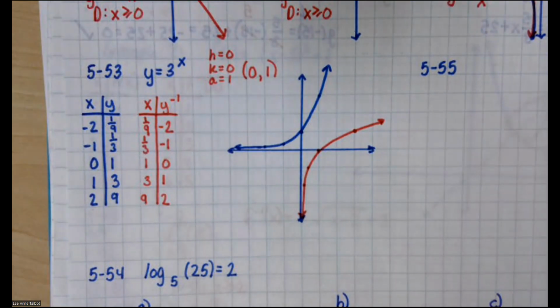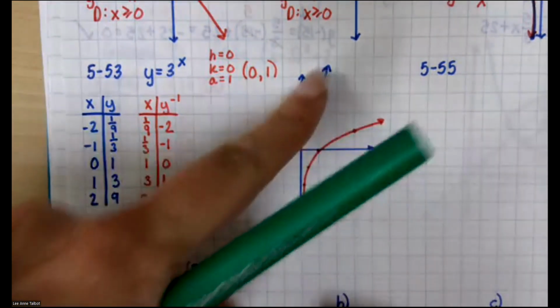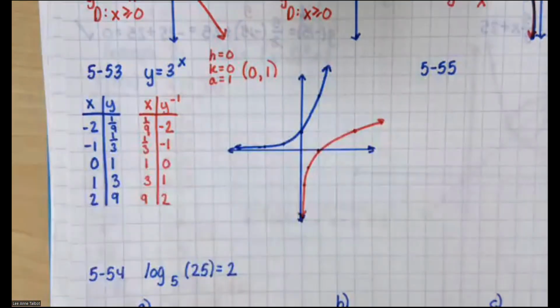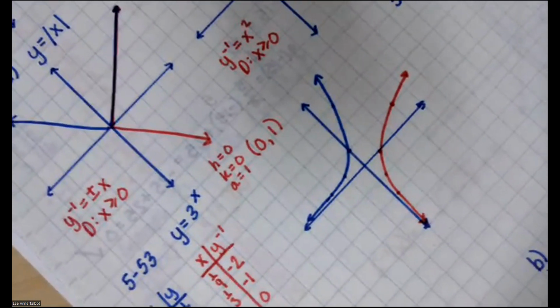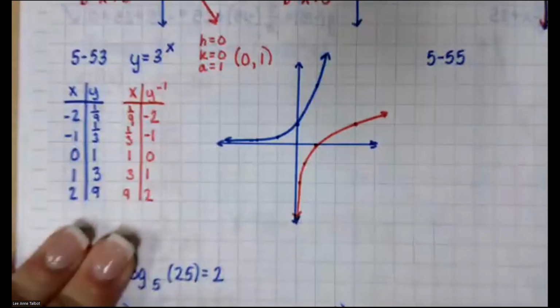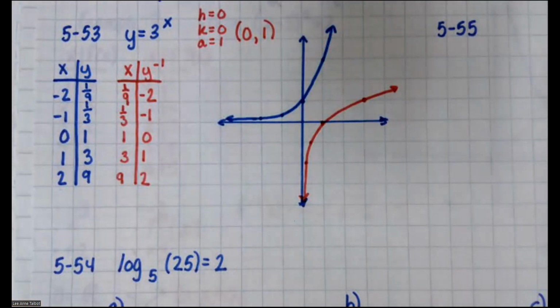Okay, now just from what you know about inverses and the line of reflection, does this look about like what you'd expect? So what I'm saying is if I folded it down the line y equals x, would it match up? Am I getting that 45-degree angle reflection? Yes.